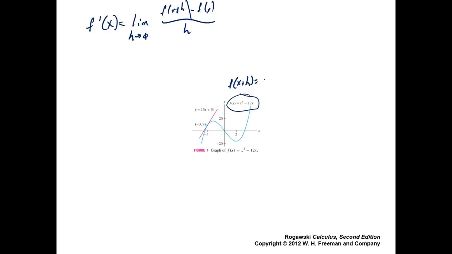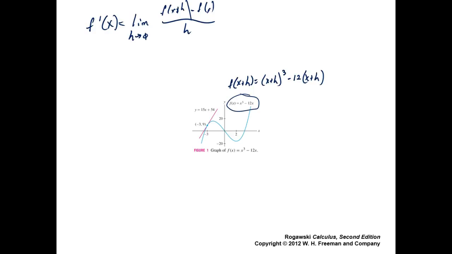Remember? So what would that be? X plus h raised to the third power minus 12 times x plus h. That looks pretty simple, doesn't it? Except we got to cube x plus h. Now, that's not a super easy thing, but it is probably easier than you think it is.